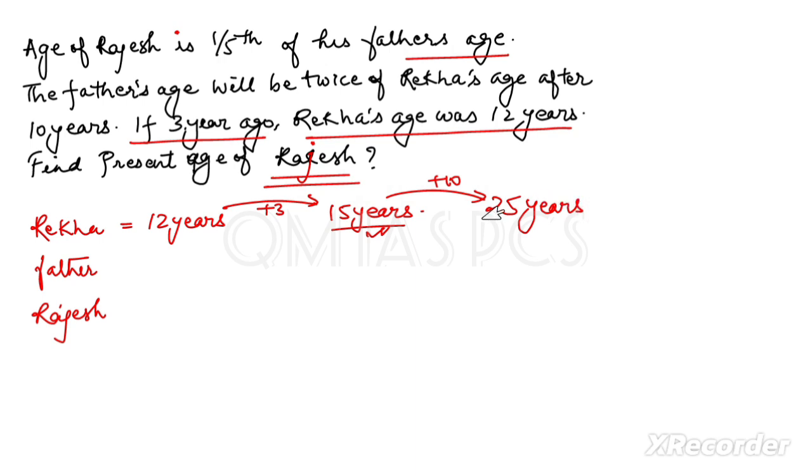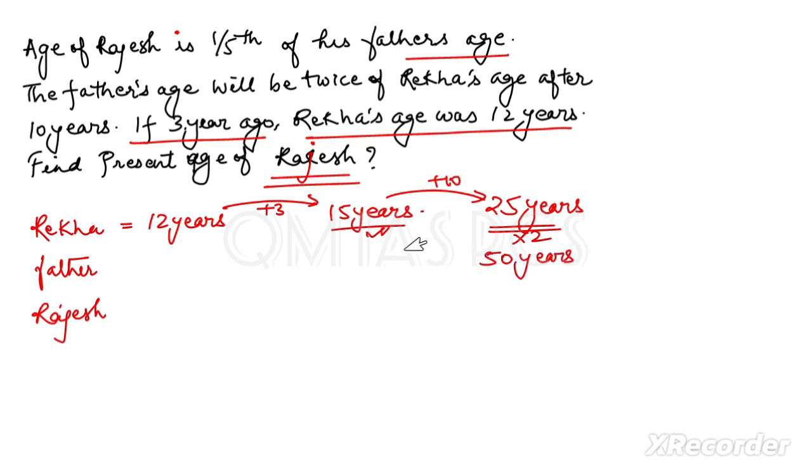This is her future age after 10 years. And father's age will be twice of Rekha's age after 10 years, so in this future period, father's age will be twice of this one, that will be 50 years.